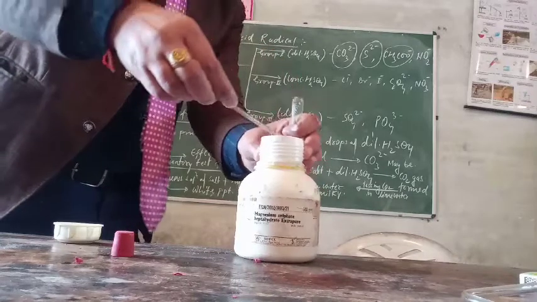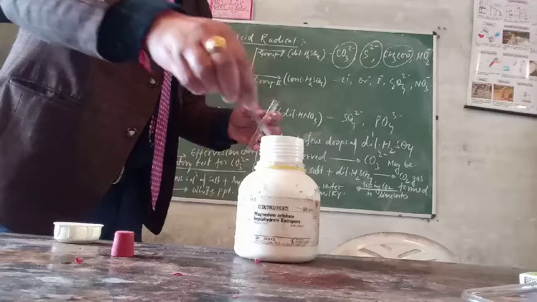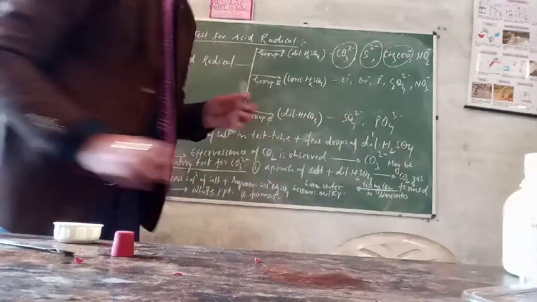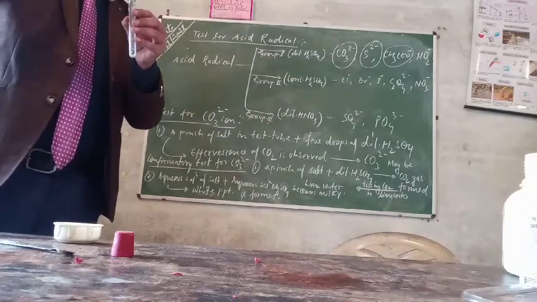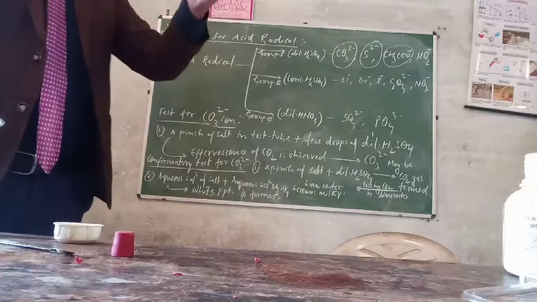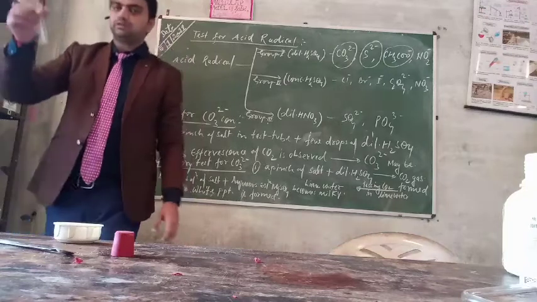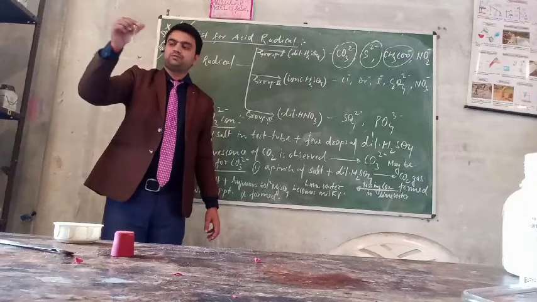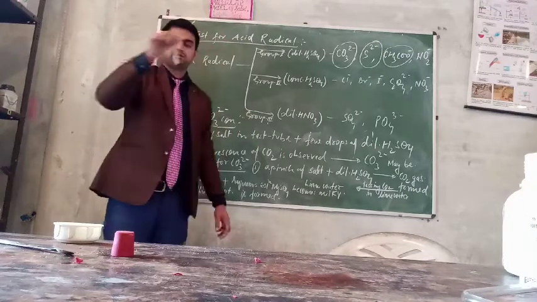And after adding both aqueous solutions together, we get a white precipitate in the test tube. And this is the second confirmatory test for the presence of the carbonate ion in the given salt. Clear? So in this way we can confirm the presence of carbonate ion in the salt.